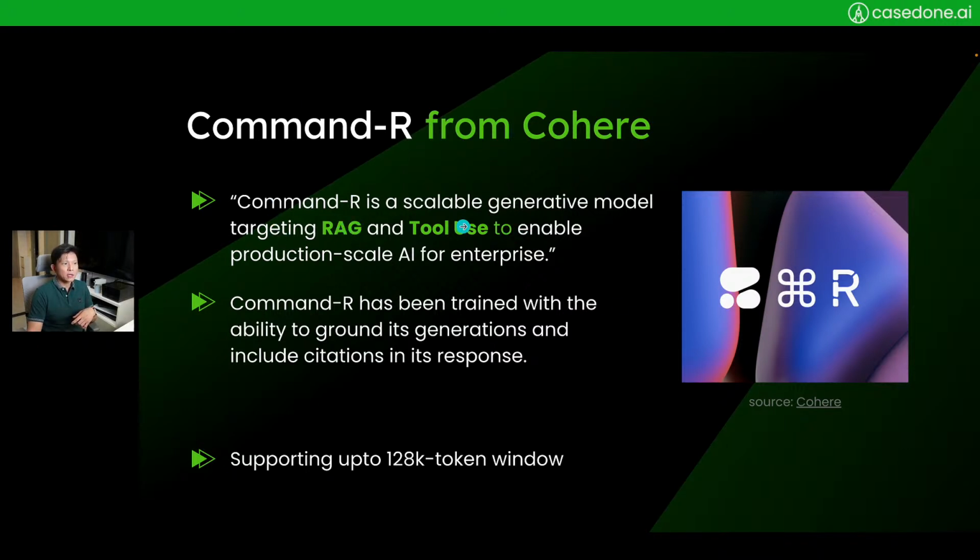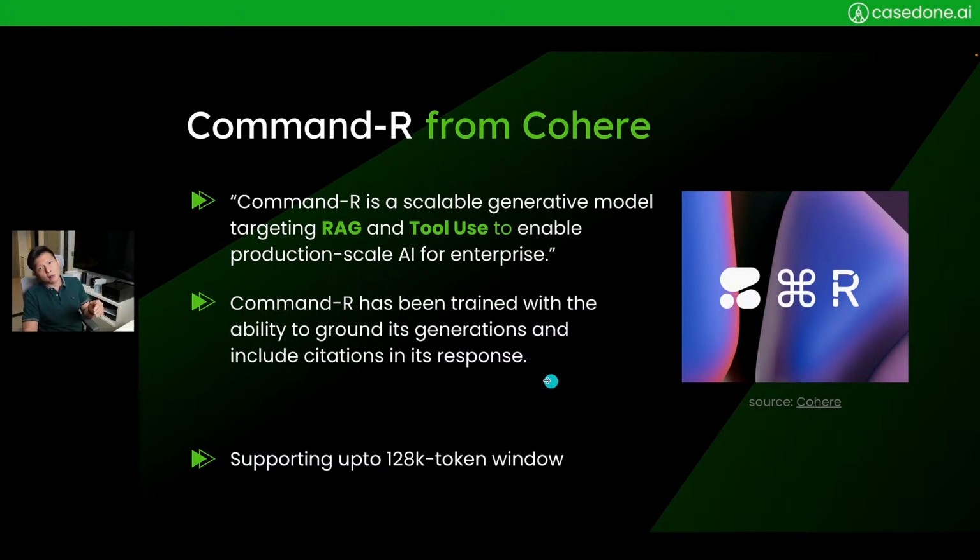I will explain RAG and tool use in a later slide, but essentially Command R has been trained with the ability to ground its answer, or its generation, and provide citations in the response. This is helpful for enterprise search and making sure that the response of the LLM is not hallucinating.